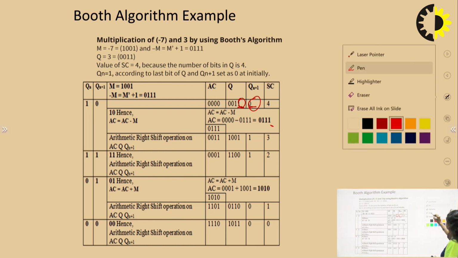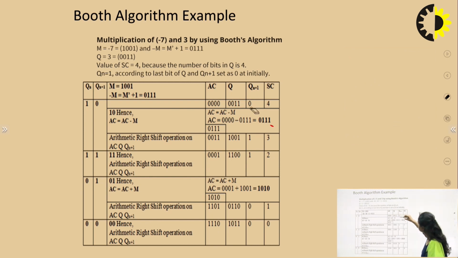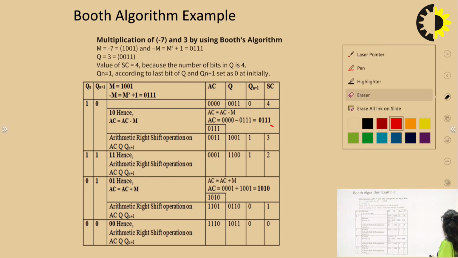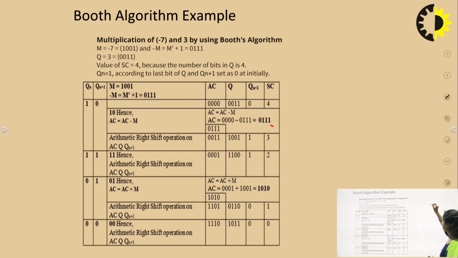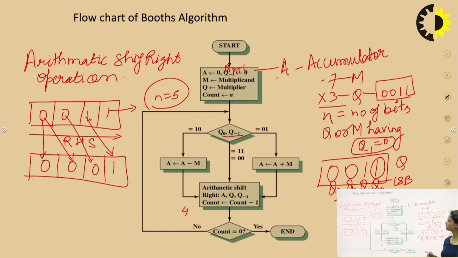And here the value of this Q naught is 1 and this is 0. So what are we comparing? Q naught and Q minus 1, and the value is 1 and its value is 0.